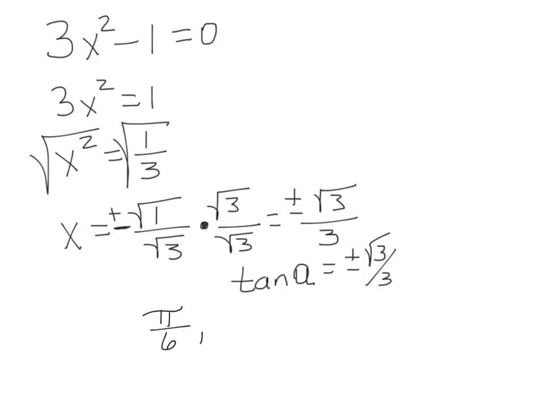In quadrant 2, the value is 5 pi over 6. In quadrant 3, the value is 7 pi over 6. And in quadrant 4, it's 11 pi over 6. So we actually have 4 angles where the value of tangent is plus or minus root 3 over 3.